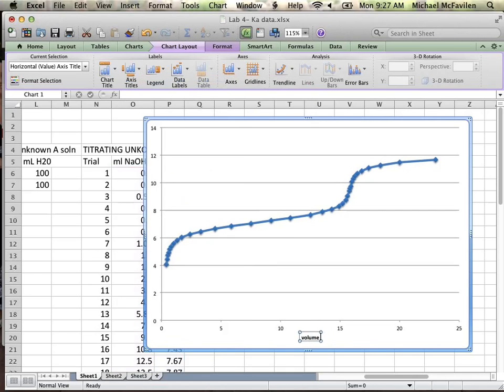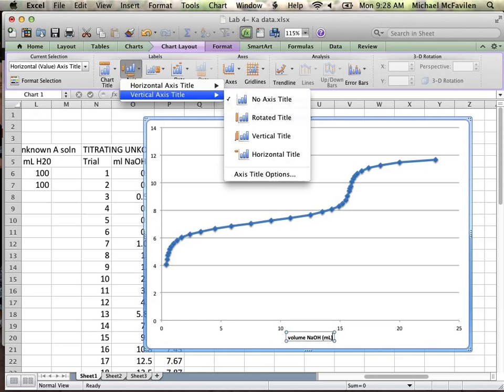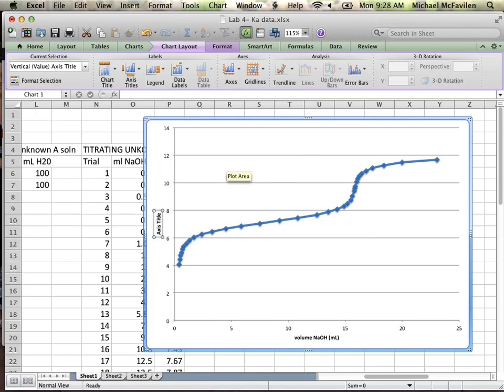That would be our volume of NaOH. In theory, you should always include your units. I don't think I'm going to get too strict on that, but it should be there. And then on the y-axis, I prefer the rotated title, but it's not that big of a deal. Y-axis would be your pH, and we don't have any units for that, so we've got our axes labeled.